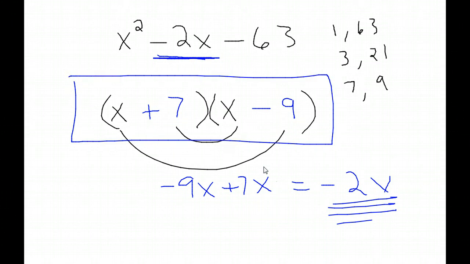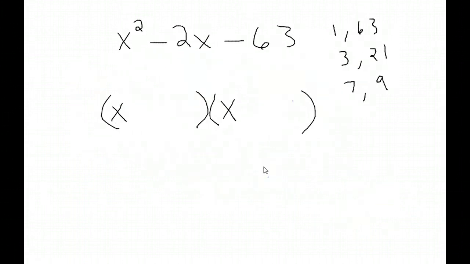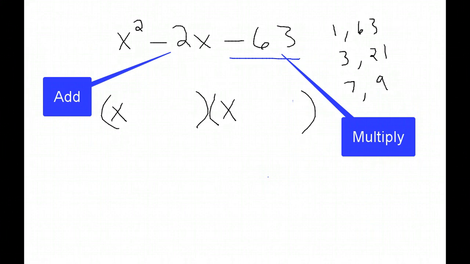polynomial into two binomials. Alright, now before we leave this, I do want to take a look at the little shortcut that you probably remember from Algebra 1. Alright, so I'm looking at this as a new problem again. The shortcut is to ask yourself what two numbers multiply to give you negative 63, add to give you negative 2.